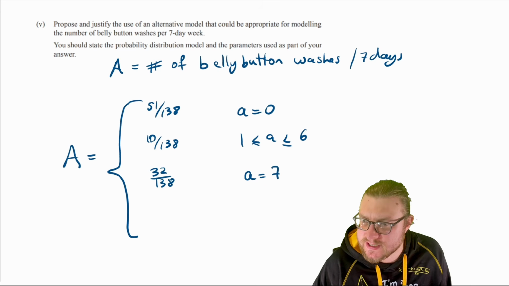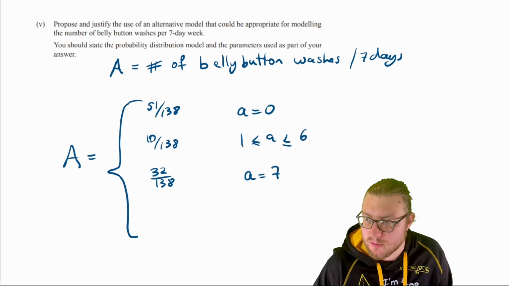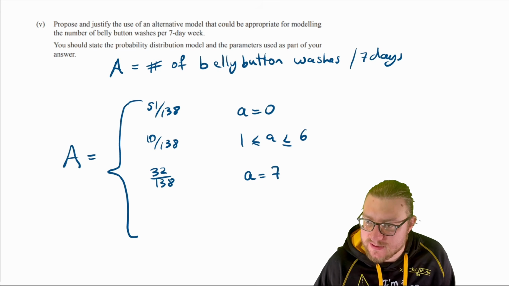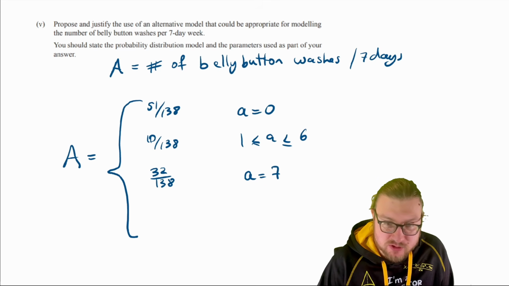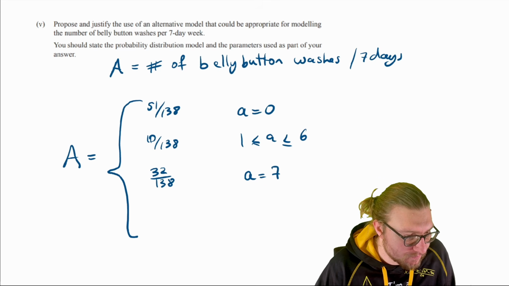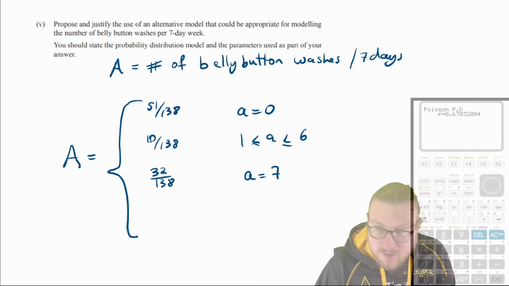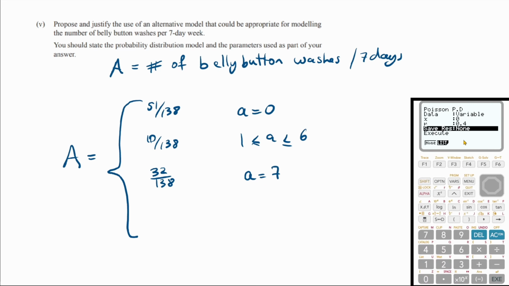So these are now our probabilities. Now, the only thing here that we need to be sure of is that they add to 1, right? And what we can do here is just add them together. So let me open my calculator. There we go.